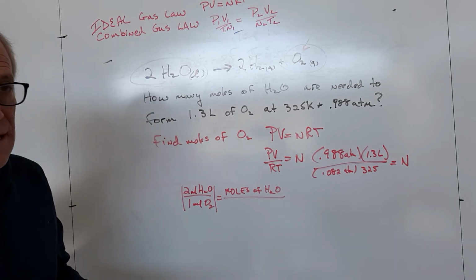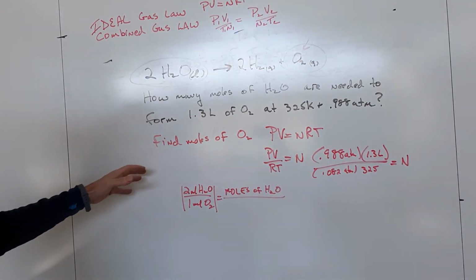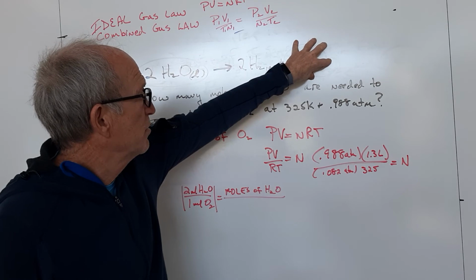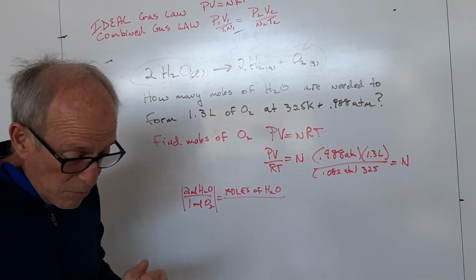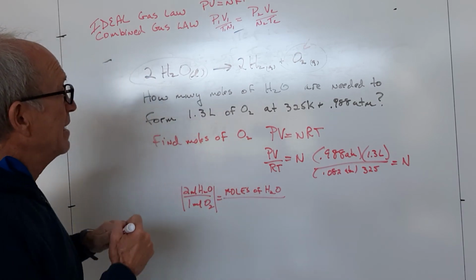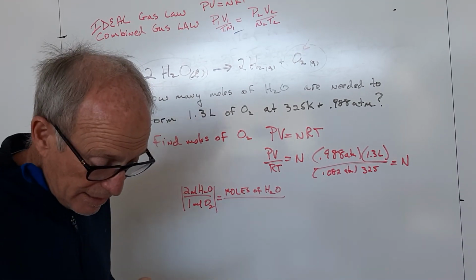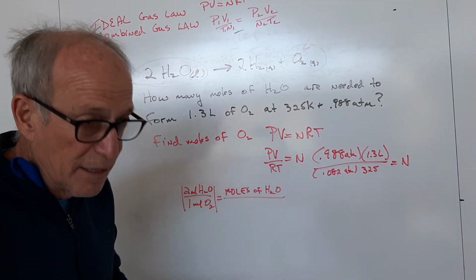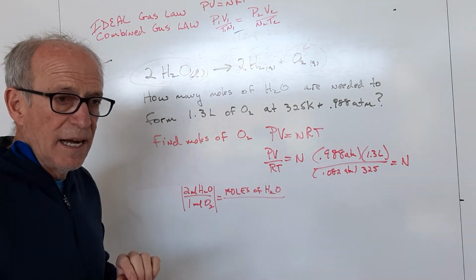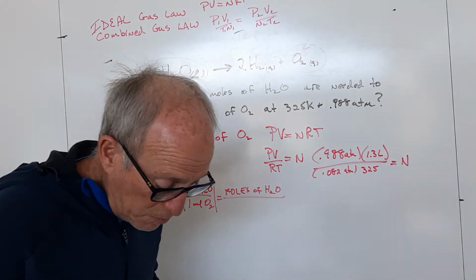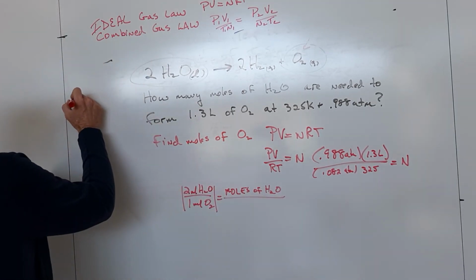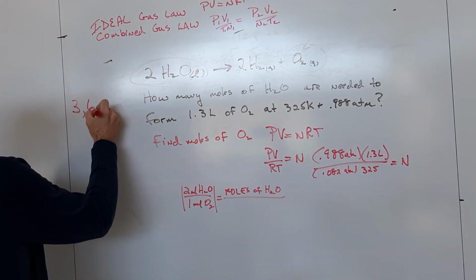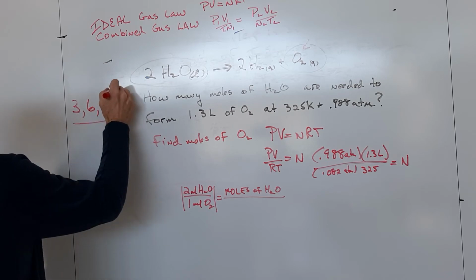So that's stoichiometry. Using stoichiometry, we solve for number of moles of O2, and then we stoich to whatever we want. So what I want you to do right now is in your packet of problems, it says honors problems, I want you to do problems 3, 6, and 9 right now.